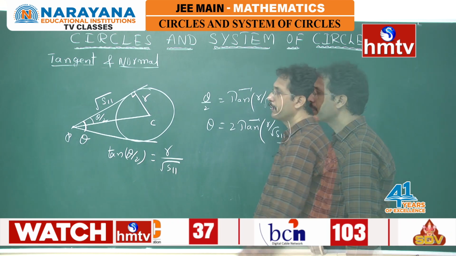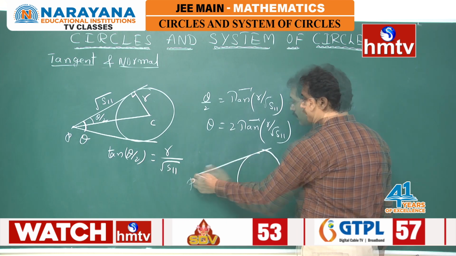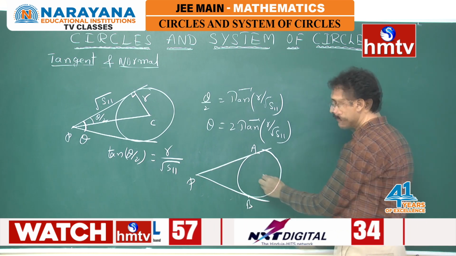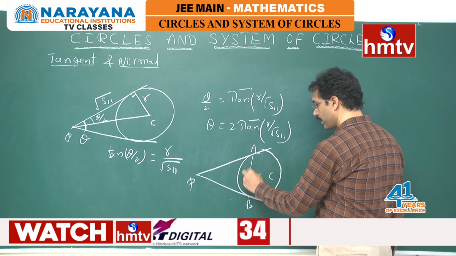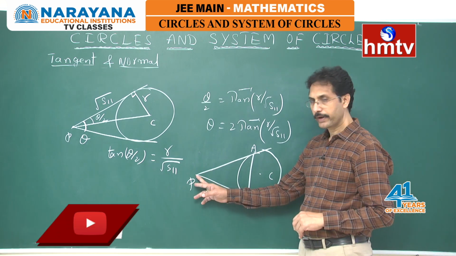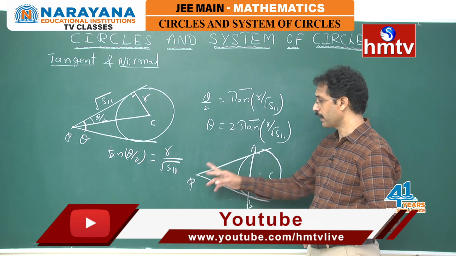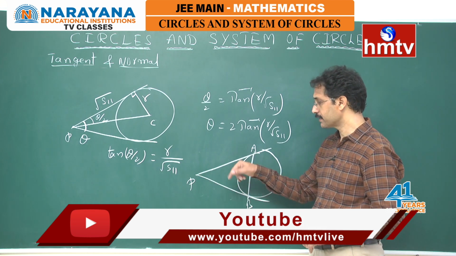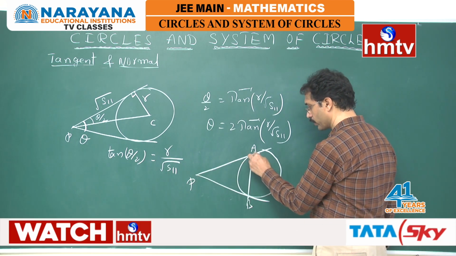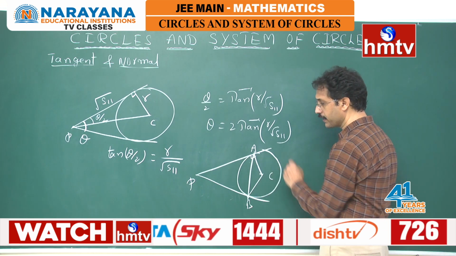Now here, see, a pair of tangents drawn from an external point to the circle. In this case, the points of contact, meaning where they meet the circle, are A and B, and C is the center. Then by joining A and B, you will get a chord. Now, if you want to find the circumcircle of this triangle PAB, before that, if I join the center and this point A, it is 90 degrees.